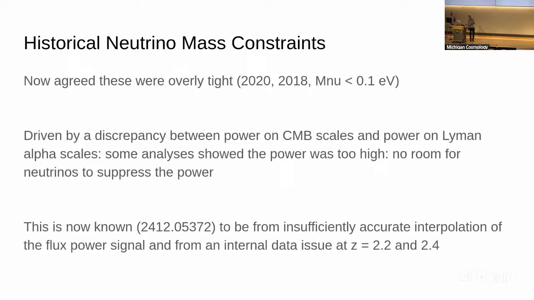The Lyman alpha power was measured as higher than the power on the CMB, and that left not enough room for the neutrinos to suppress the power. That made the constraints very tight, but I think it is not real. We believe, based on something that I found and now confirmed by the eBOSS group, that this comes from an insufficiently accurate theory analysis and also from a data issue in the low redshift bins.